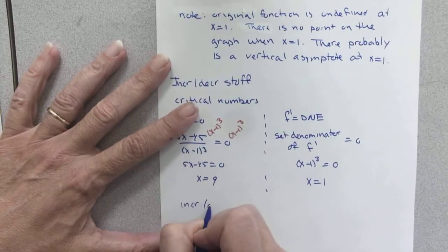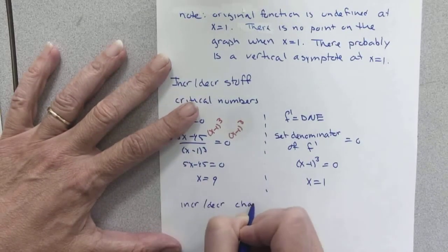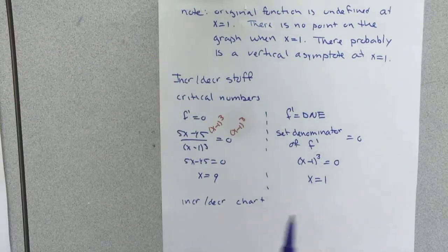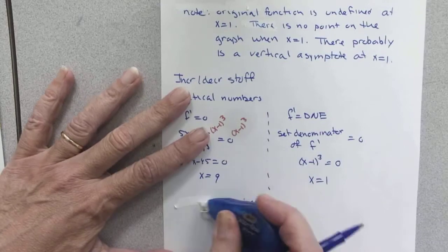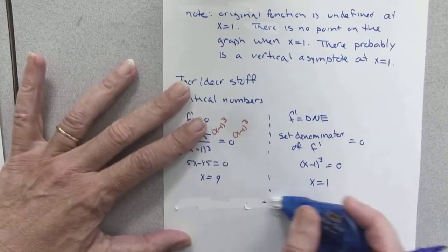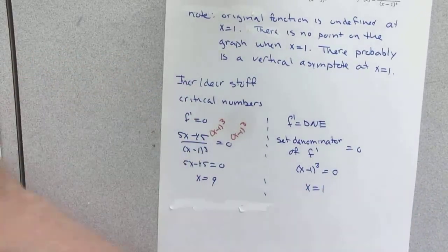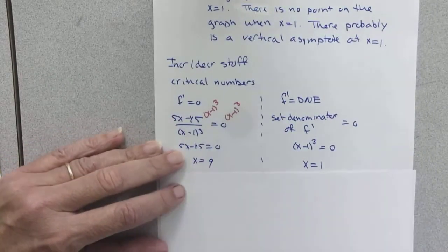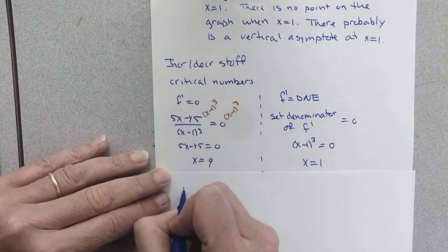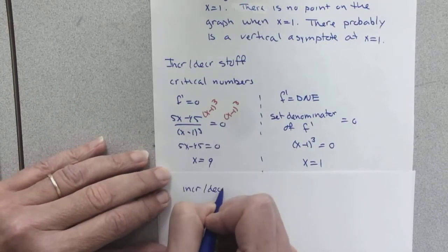And so let's make my increasing decreasing chart. Let's go on another piece of paper instead of trying to cram it in on there. So increasing decreasing chart.